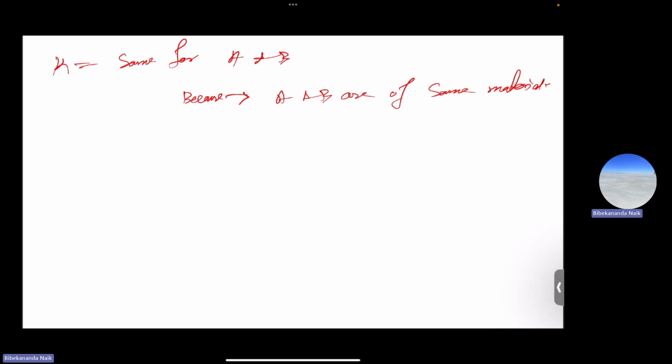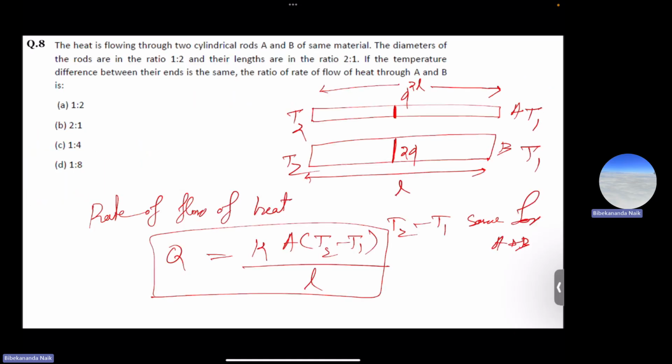So now we need to find the ratio of the rate of flow through A and B, that is QA by QB. I'll give you a few minutes and then we will discuss it to get the correct answer.